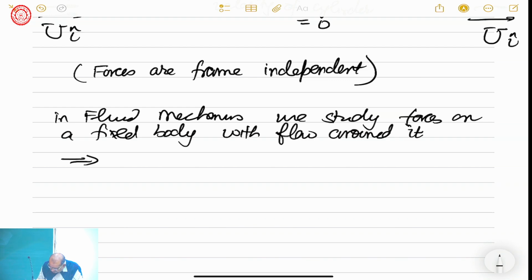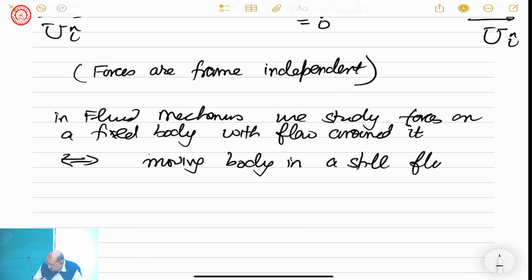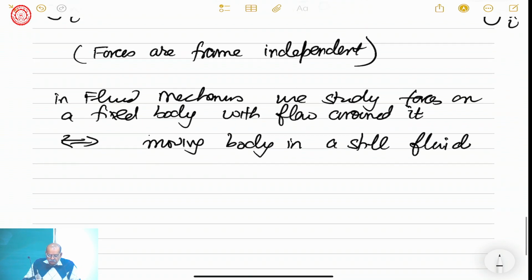And this is equivalent to the moving body in a still fluid.